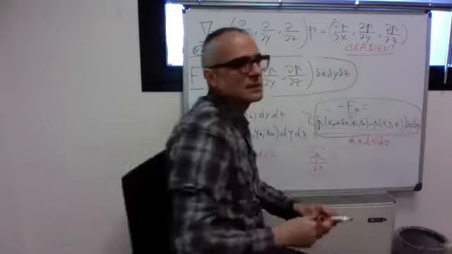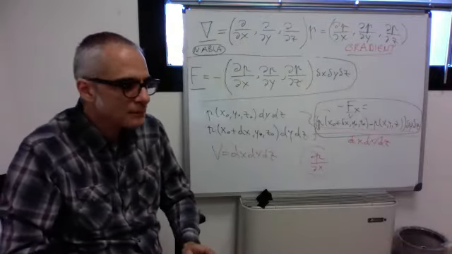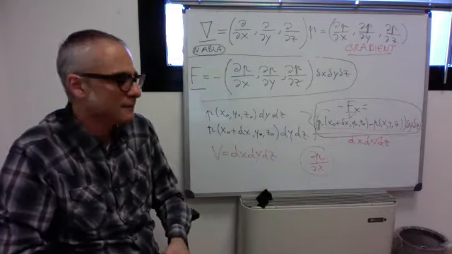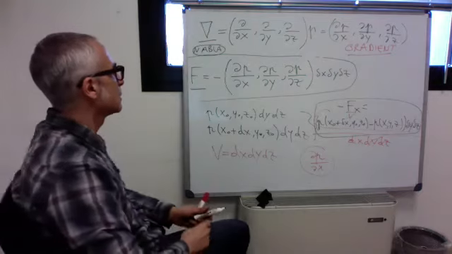The gradient is when you apply the nabla to a scalar, and you still get a vector.